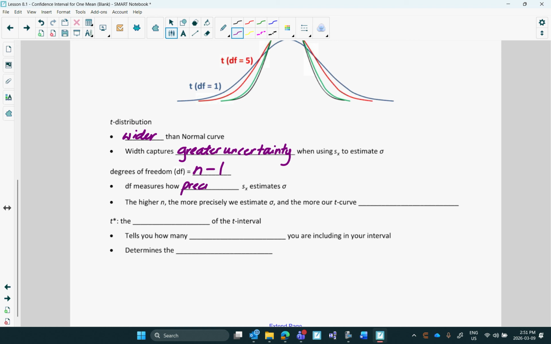It basically measures how precisely the sample standard deviation estimates the actual standard deviation. So the higher the n, the higher the degrees of freedom, and the more precisely we can estimate the actual standard deviation. Like I said, the higher the degrees of freedom, the closer we are to normal. So that says approaches normal.